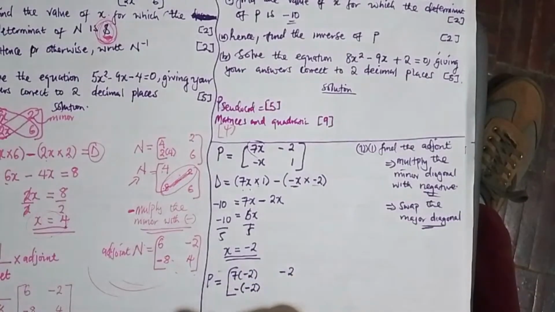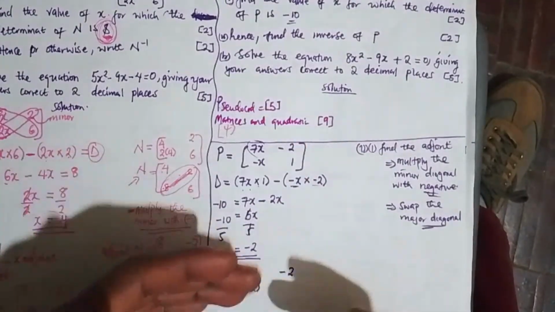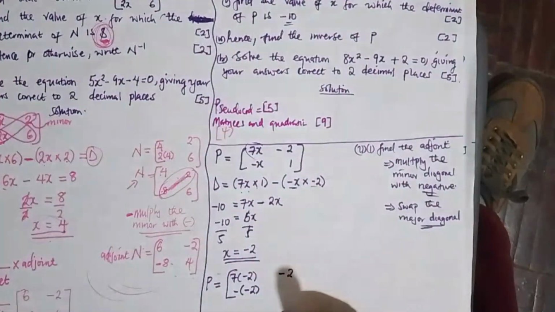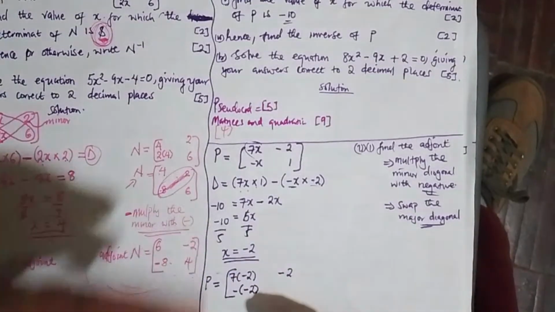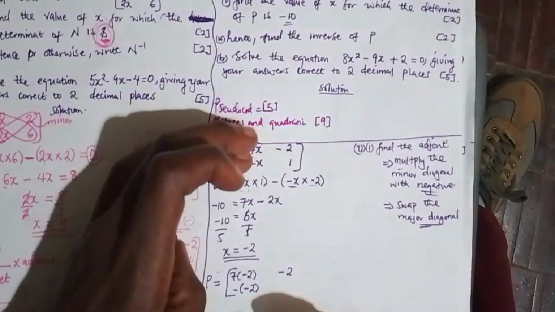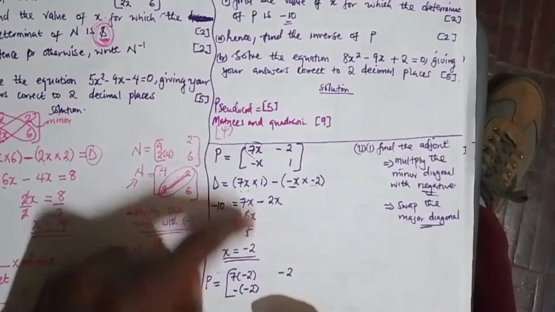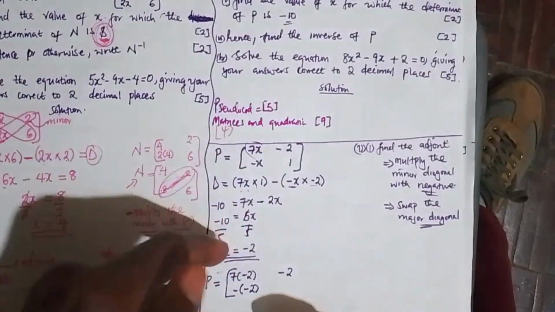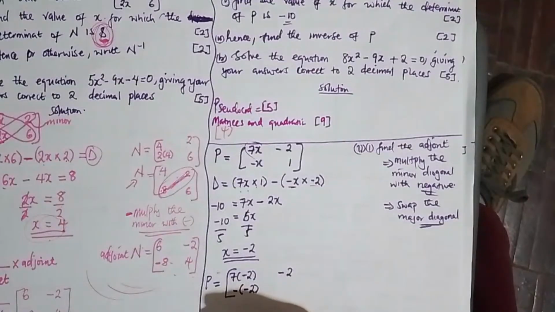So here most pupils can just put negative 2 at all, since x is already negative, no need to put a negative. That's wrong. This negative is not the same as the negative we found. Remember, this is negative x and this is x. So there are two different things.